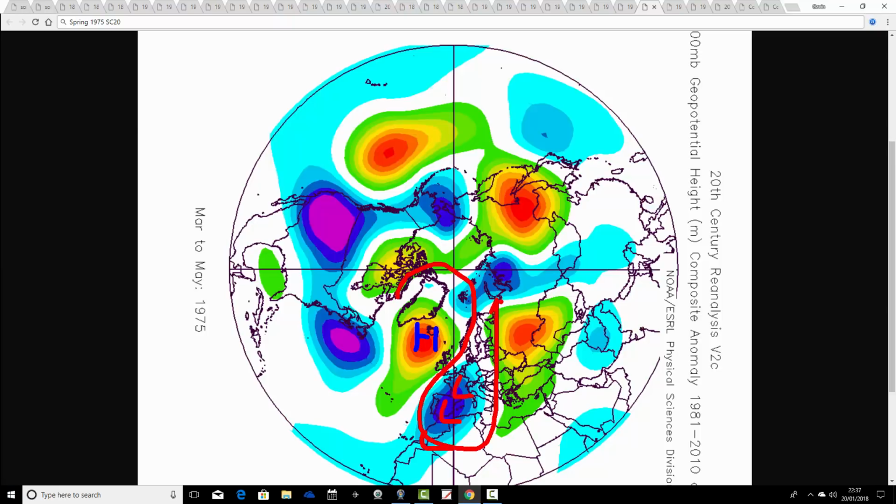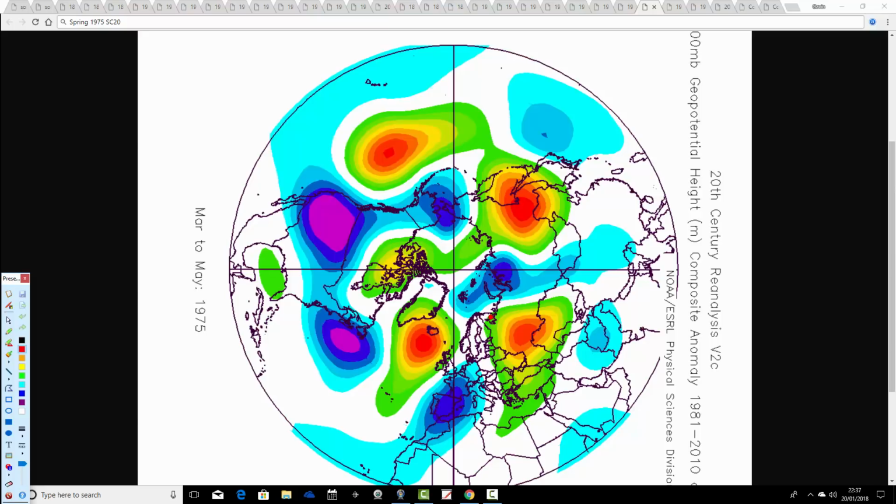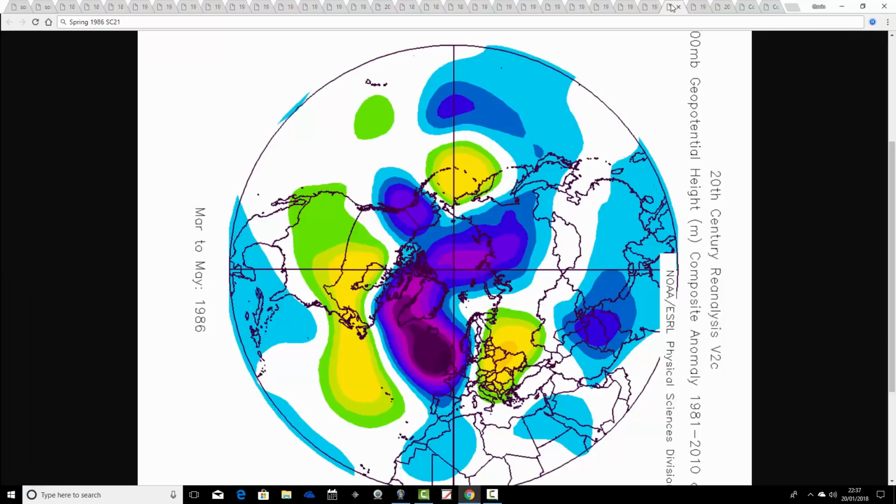Of course, we have that snow event at the start of June 1975, but also interestingly, through kind of like April, particularly 1975, there was quite a lot of cold weather as well. So that's a fairly cold spring in 1975.